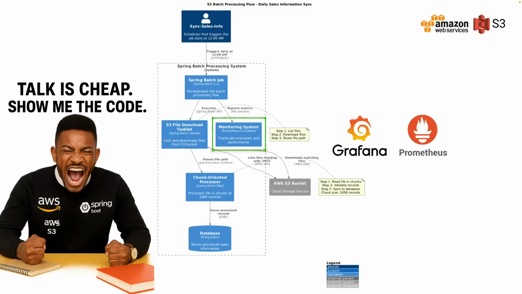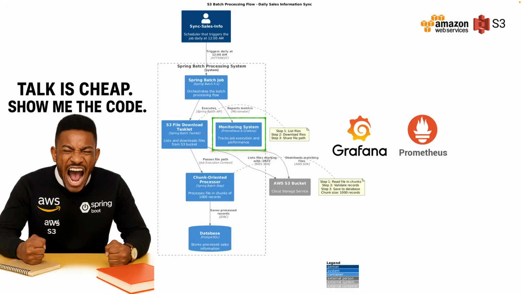I know that we are talking too much, guys, but we need to understand these concepts, okay? Short-lived jobs and long-lived applications, and the way that we are going to monitor, for example, the short-lived jobs, in our case, Spring Batch.